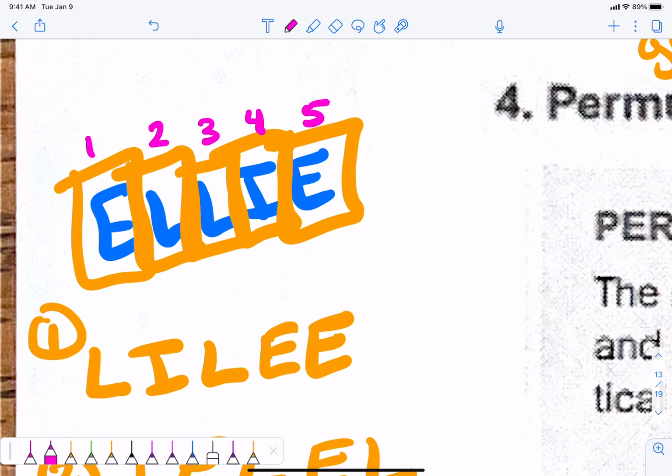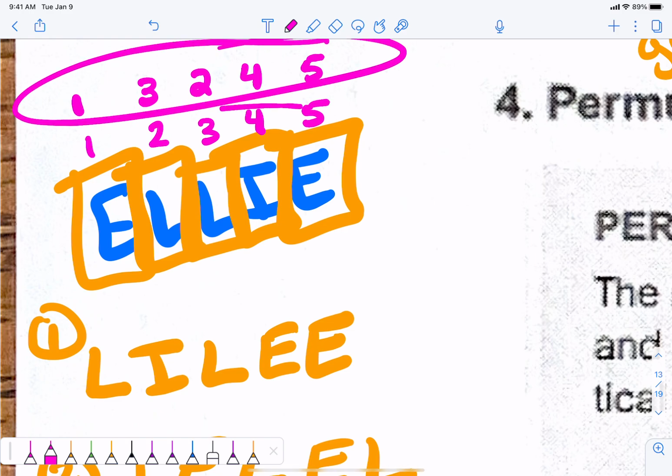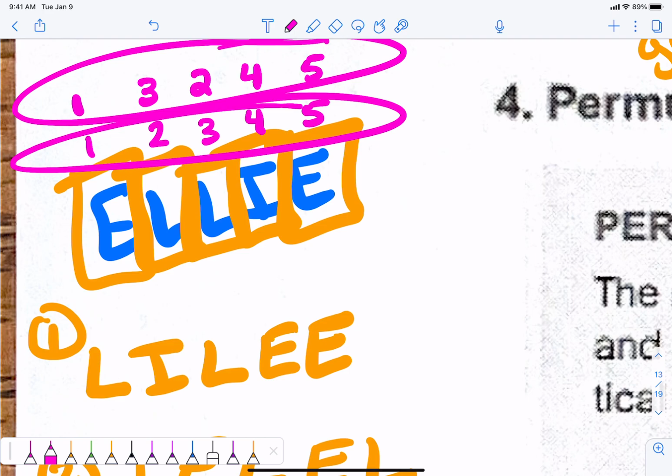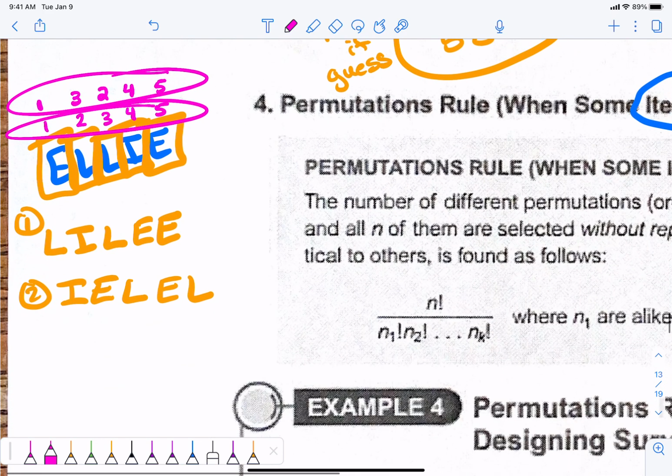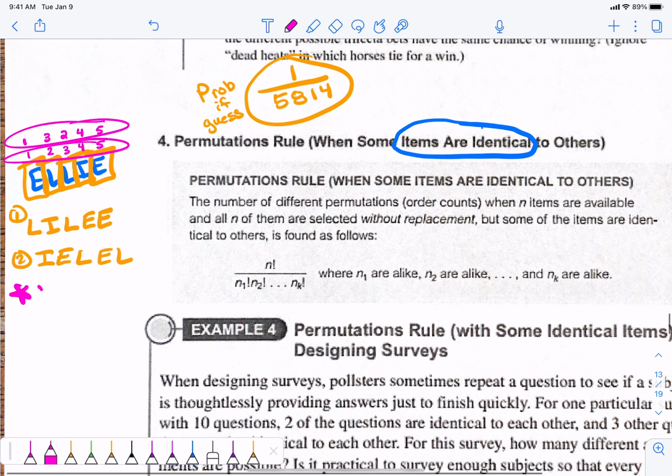But let's say I pull this letter out first, this second, this third, this fourth, this fifth. Does it still spell Ellie? Yes, because I could switch those 2 L's around. I could also switch the E's around. So these 2 should not be treated as 2 different combinations because they still spell the same word. That is something called repetition.